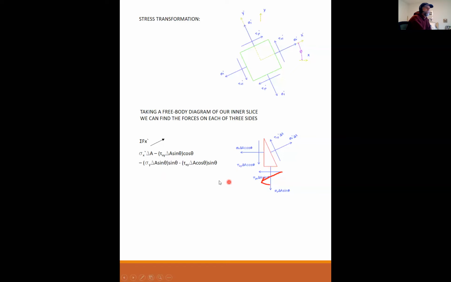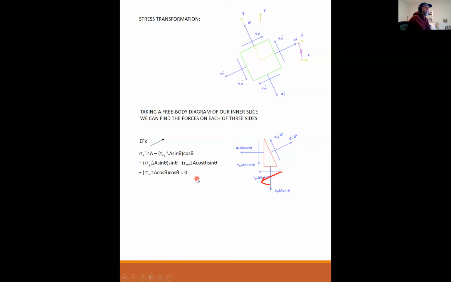Then I do this face, which is minus sigma y delta A sine theta. And again, it has a component in the x prime direction, so sine theta, minus tau xy delta A cosine theta, and this vector has a component in the x direction, so sine theta, minus sigma x delta A cosine theta, and it too has a component in this direction, which is the cosine theta.